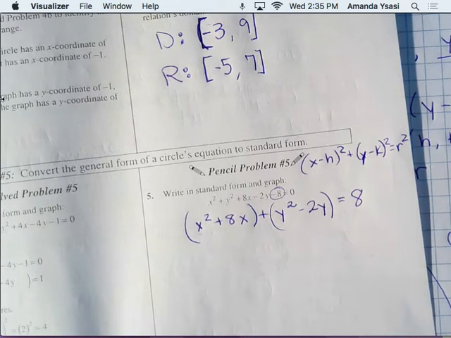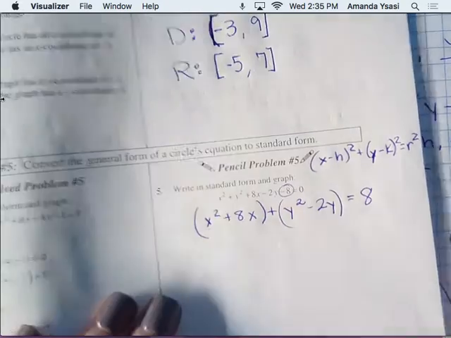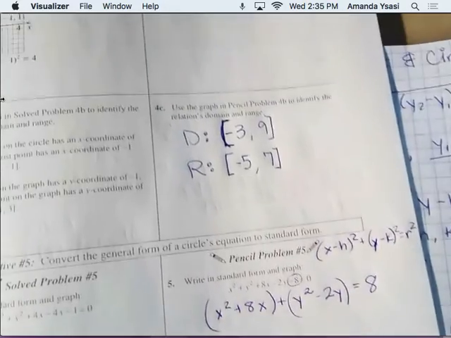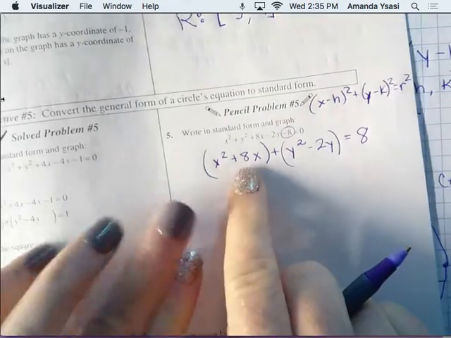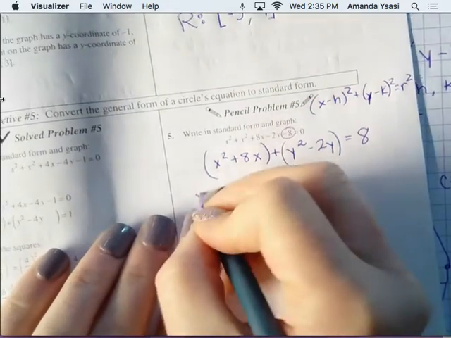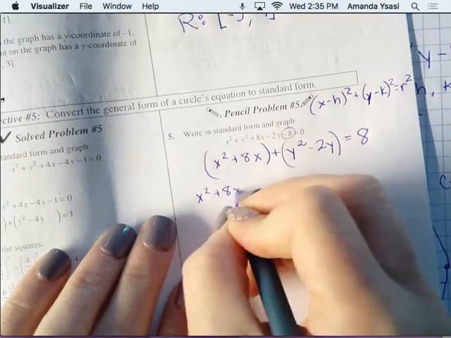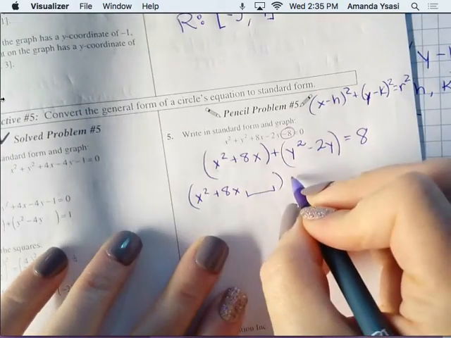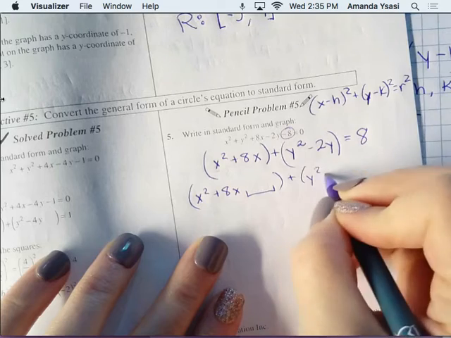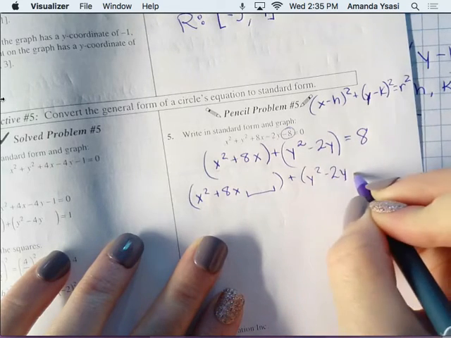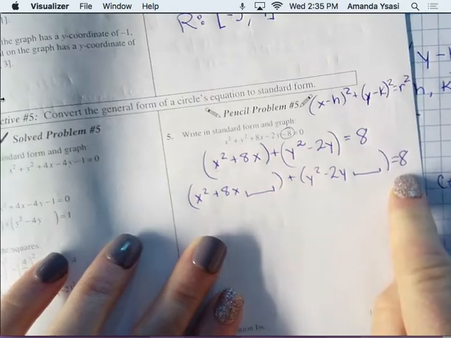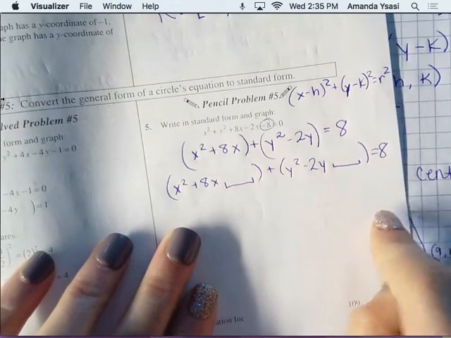And we've got to complete the squares. So do y'all remember completing the square vaguely? It's like x squared plus 8x plus something, plus y squared minus 2y plus something, equals 8. And then we're going to add those over here also.